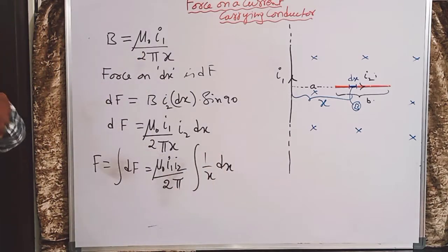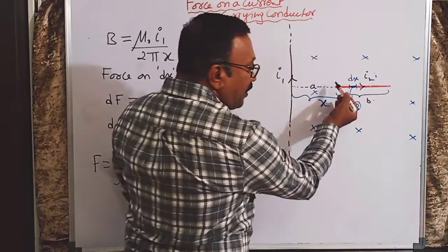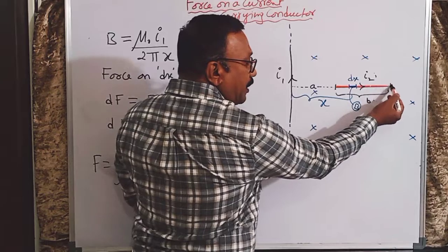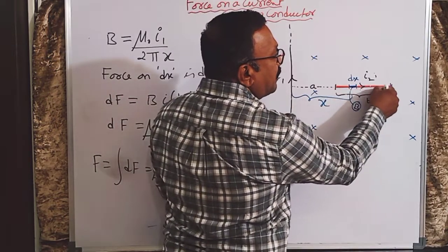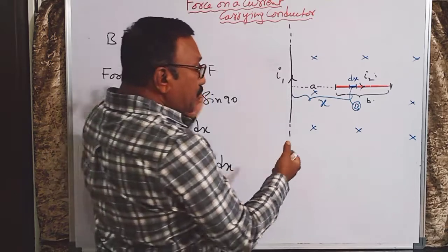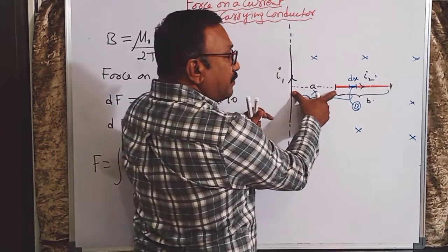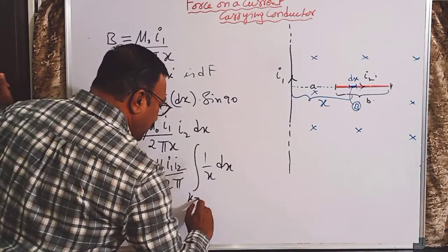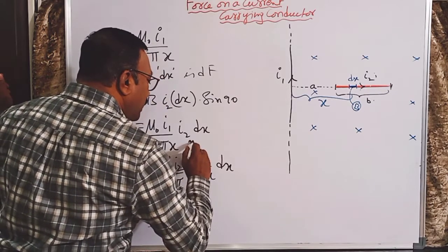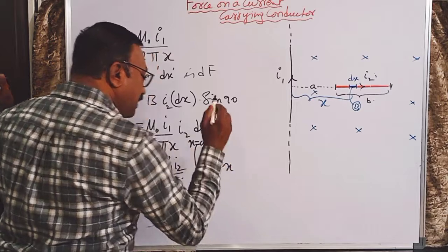X varies from this point to this point, because you take dx on the conductor only. So x starts at A and ends at A plus B. So, x is equal to A to x is equal to A plus B.